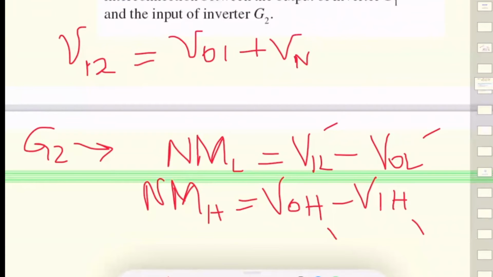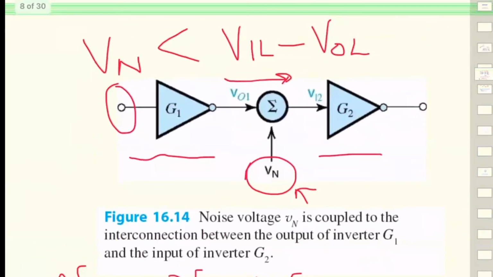And what does that mean? That our inverter is basically rejecting noise in the input, and that noise is not allowed to further travel through to the subsequent system, and hence it's a basic advantage of digital over analog circuits.